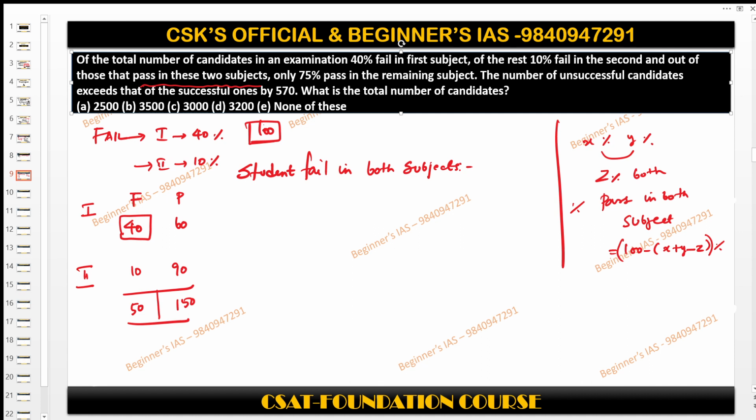The thing is, you have to get 19% as the difference. Check whether any one of you is getting 19% as the difference. Nobody is getting 19% as the difference.